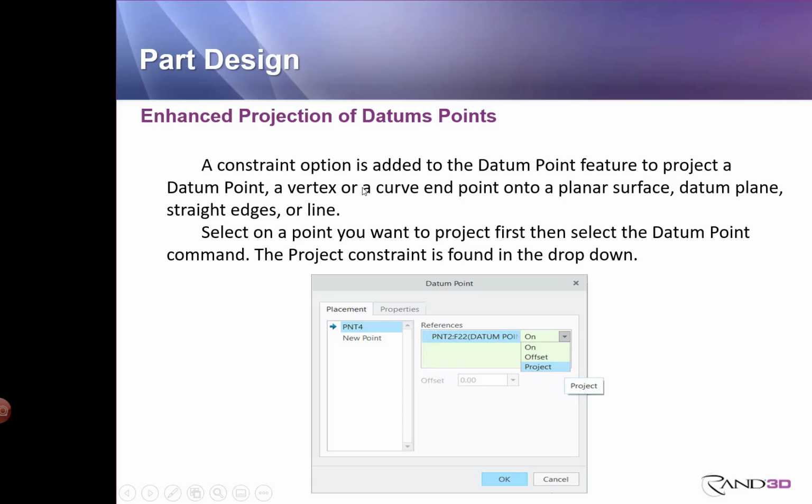After selecting the point that you're starting from, you'll choose the datum point command. You'll see the point you selected listed here. If you hit the drop down arrow, you'll be able to choose project. And now you get to select what you're projecting it onto. You can project it onto a surface, a datum plane, or an edge or a line. Select on that other reference by holding Control, and when you hit OK, it'll project it normal to that reference.